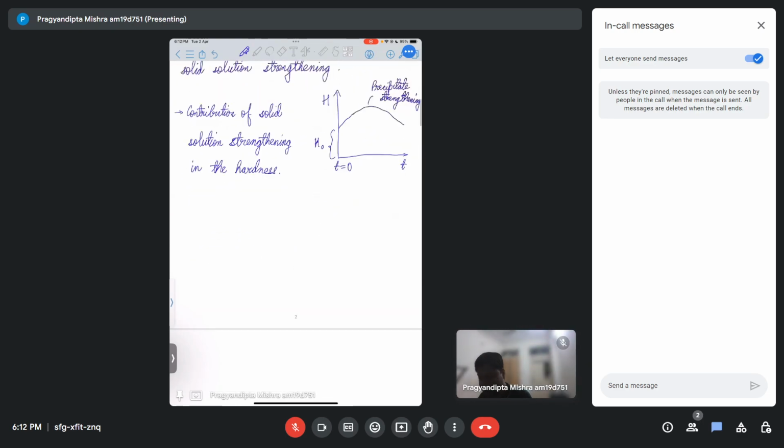So what were the differences that we talked about? Let's write that down, between precipitate strengthening and solid solution strengthening. First, in solid solution strengthening, the crystal structure of the solvent will remain the same. Like I said, there is no formation of a separate phase.